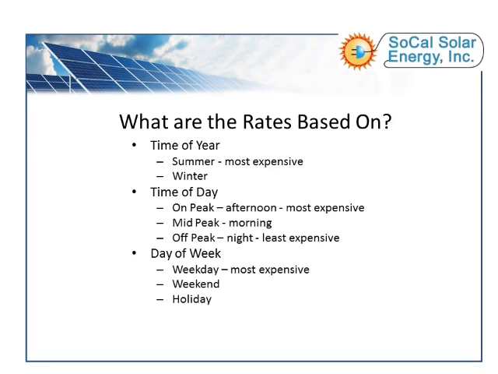Weekdays are the most expensive and more expensive than weekends and holidays. Finally, the rates are different for each rate structure, as we talked about earlier, GS1, GS2, GS3, etc. The rates not only vary depending on these factors, but they also range from 6 cents a kilowatt hour up to 32 cents a kilowatt hour.